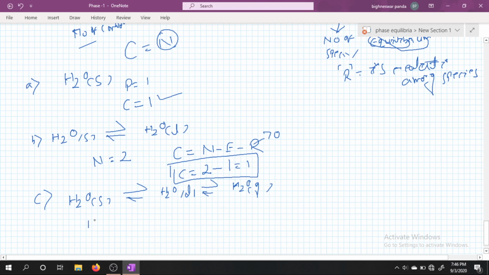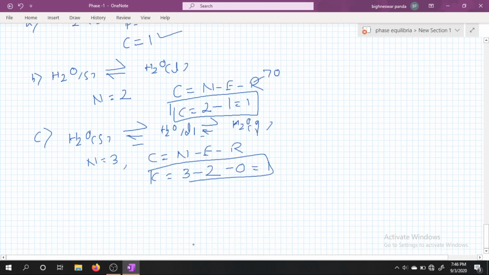So the number of species n is equal to 3. Since n is equal to 3, we have the formula C is equal to n minus E minus R. C is equal to 3 minus E. There are two equilibrium reactions present, so that will be 3 minus 2 minus 0. So it is also one component.